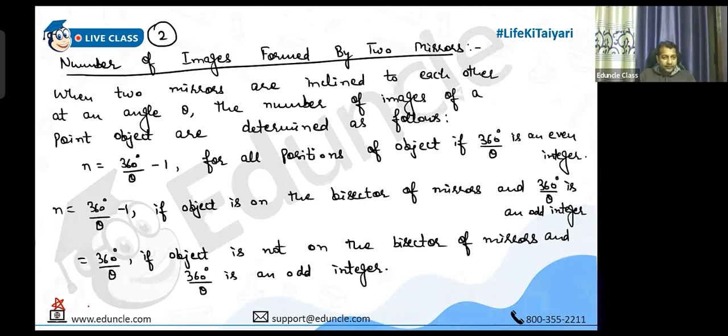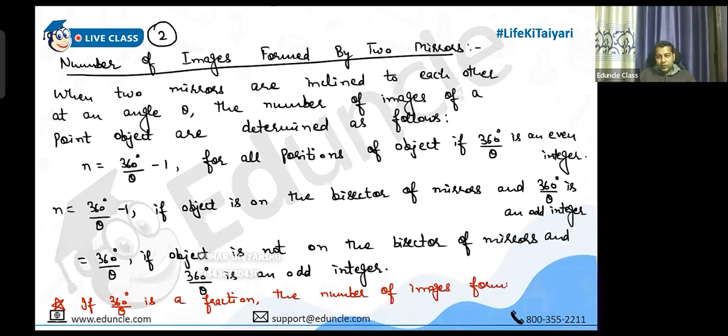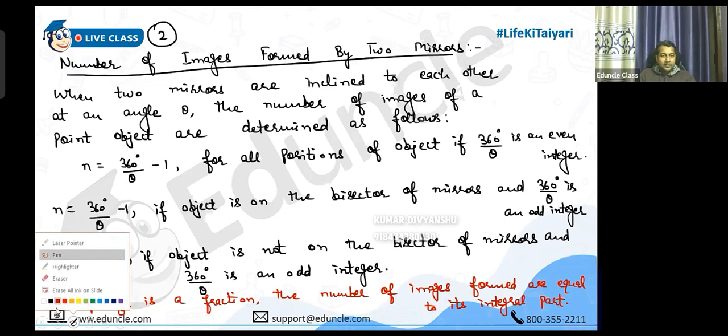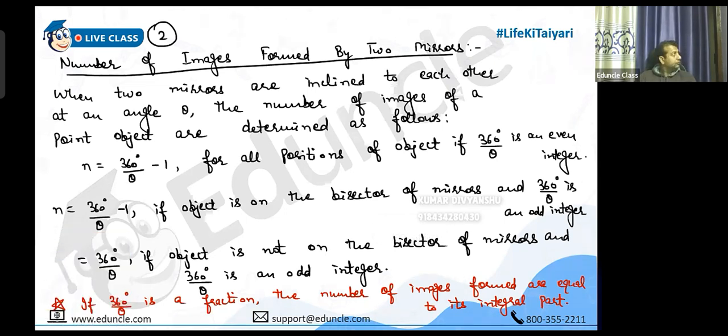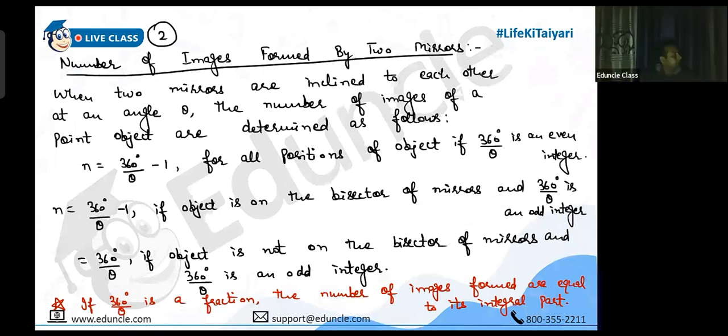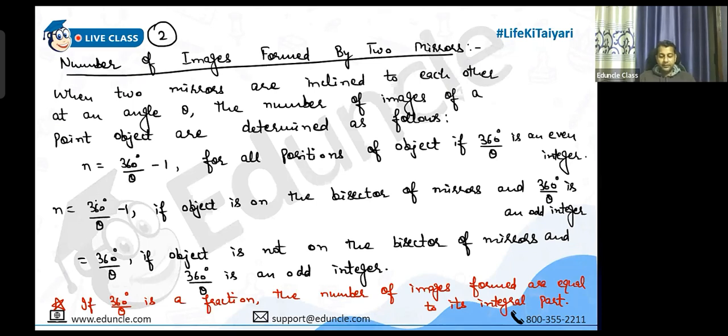If 360 by theta is a fraction, suppose something like 5.2, then the number of images formed will be 5. The number of images formed is equal to its integral part. Please check. These formulae you have to remember. Clear?